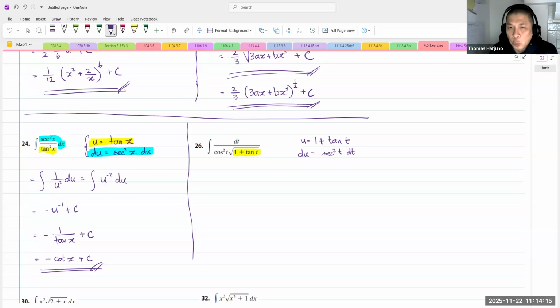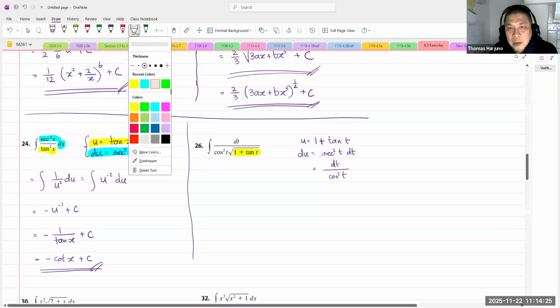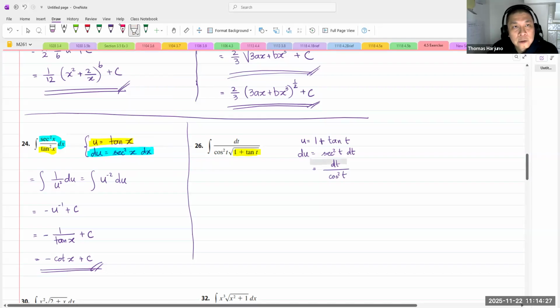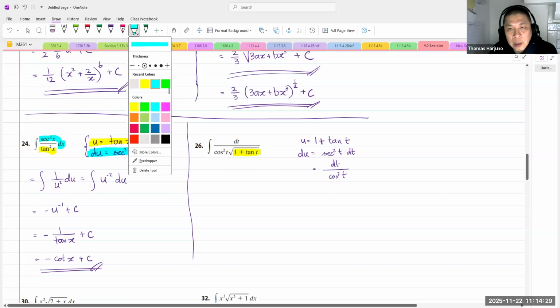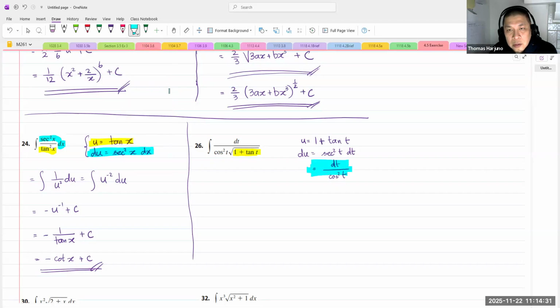Actually, we do. Secant squared is just 1 over cosine squared, which we do have. So this is the integral of 1 over square root of u du.